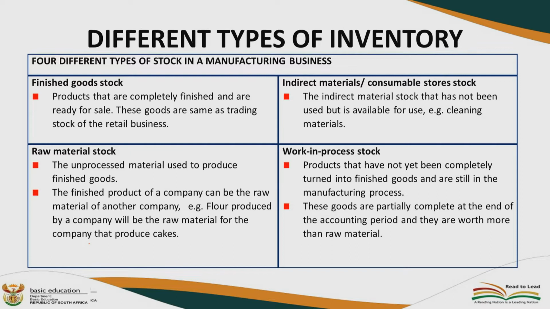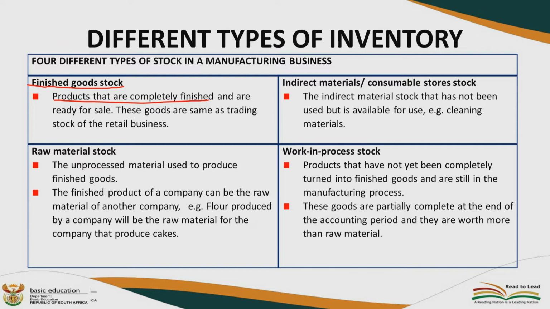So our finished goods stock is now the products that are completely finished, 100% complete. It's a dress that you can sell to your customers. So finished goods has to do with products that are completely finished. That is inventory type number 1, your finished goods stock.